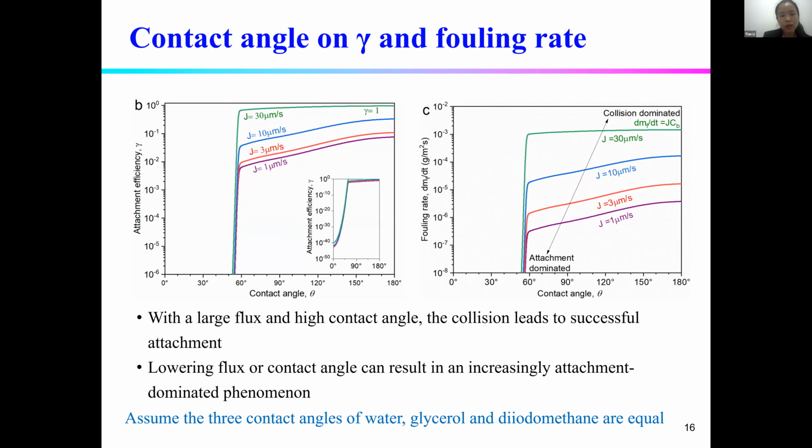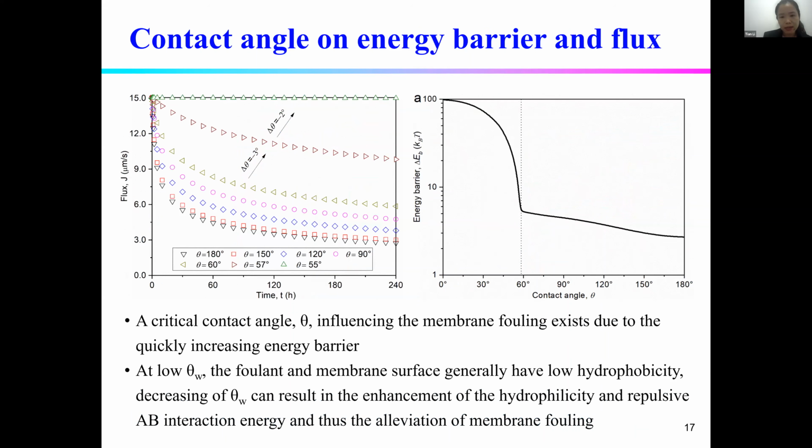Then we also simulate the effect of contact angle on the energy barrier and the water permeate flux. From the left-hand side, we can see that when the contact angle decreased, the water flux decreased significantly, and the right-hand side shows that when we increase the contact angle, the energy barrier has a very significant transition.